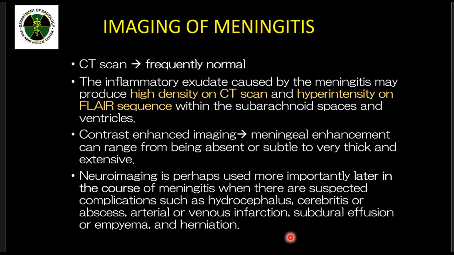On FLAIR, we must locate the subarachnoid spaces and the ventricles. For contrast-enhanced imaging, the meningeal enhancement can range from absent or subtle to very thick and extensive. Neuroimaging is perhaps used more importantly later in the course of meningitis, for suspected hydrocephalus, cerebritis, abscess, venous infarction, subdural effusion, empyema, or herniation.